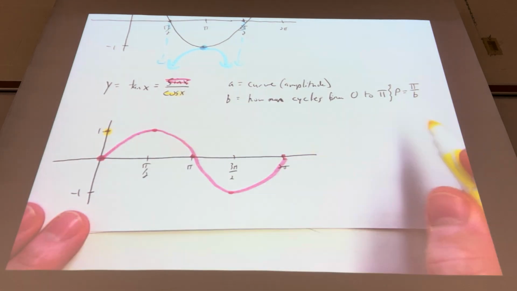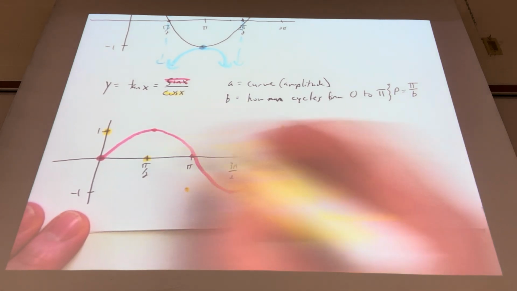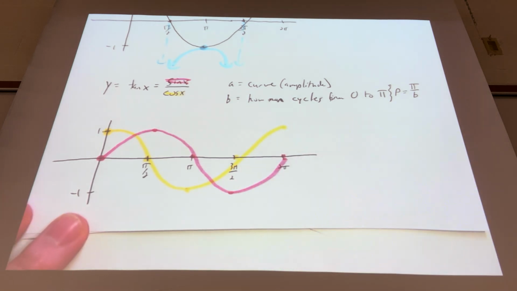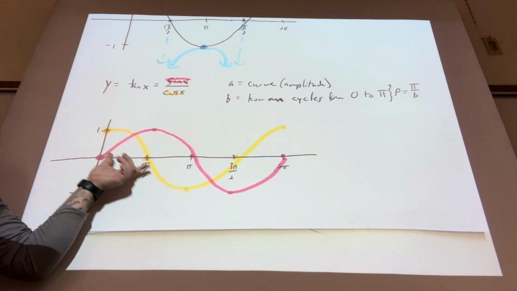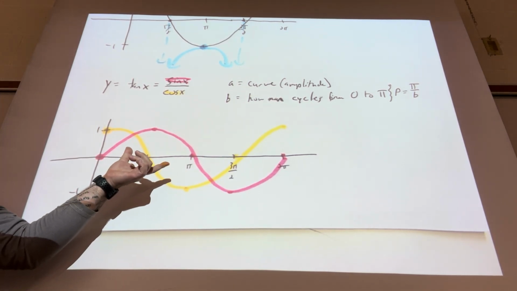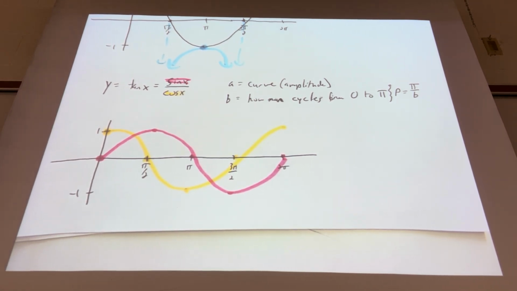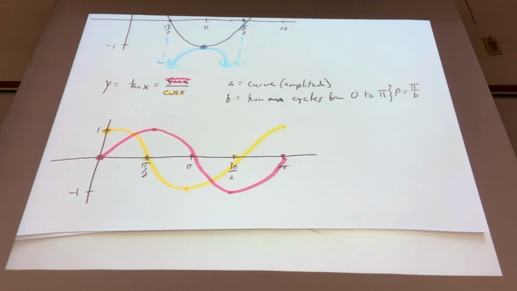Cosine started up here. So we have a graph looking like this. You've probably seen graphs like this before, with this double helix in your science world with your genetic strands. Kind of looks like that, right?